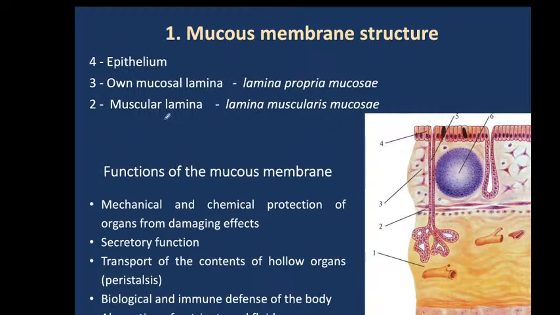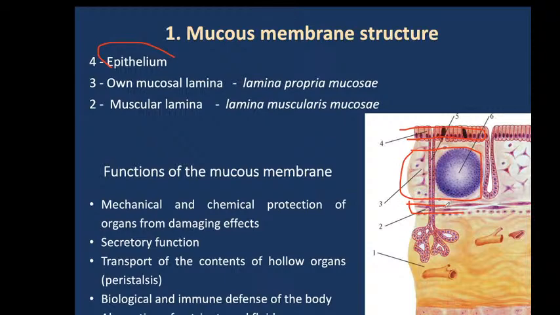Mucosa has three sub-layers. Epithelium, this is on the surface, inner surface. Here is epithelium. Then mucosa layer, we call it lamina propria mucosa here.